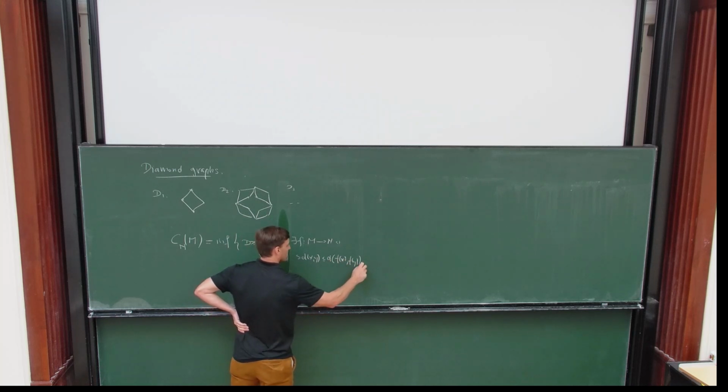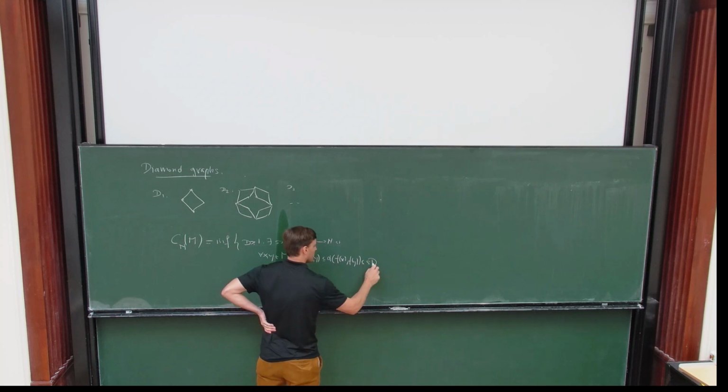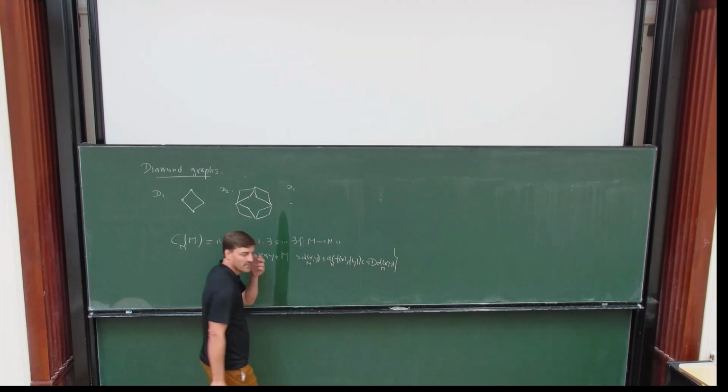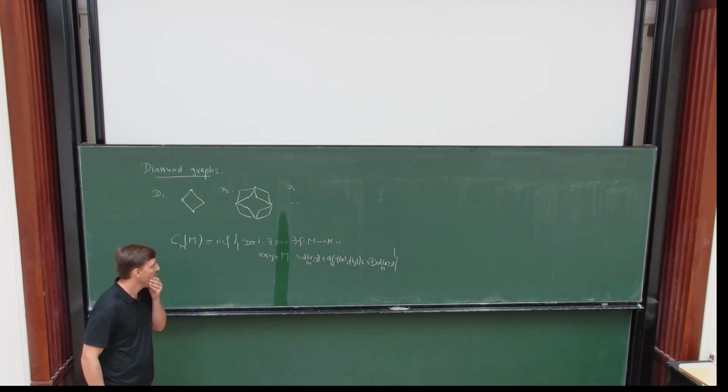This is going to be S times the distance between X and Y, where these are the distances in M. So it's a multiplicative notion of distortion.